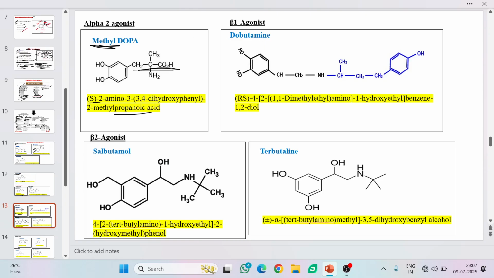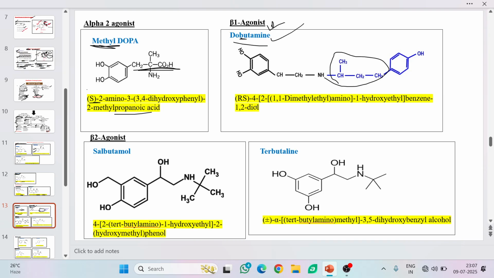Now coming to our next structure, beta 1 agonist, and the most important drug is dobutamine. You can see, 'butamine' means here a butyl group, a butyl side chain has come. It is a very simple structure.